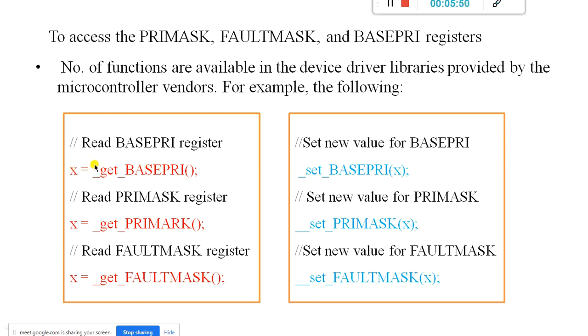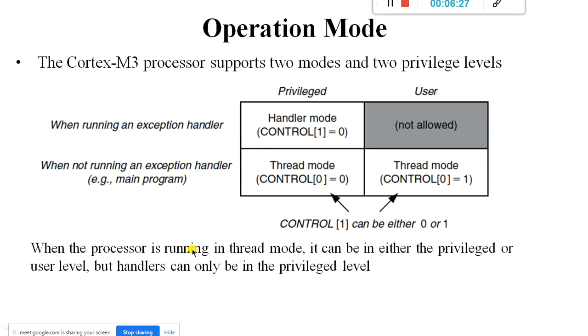Now if I want to set a new value to this particular register, then I use __set_BASEPRI(), and I pass the data, whatever value I want to feed to that register. So these are nothing but predefined functions that I will be calling, and the particular instructions are going to be executed. The same thing applies for the FAULTMASK and PRIMASK registers to get the value from these different interrupt registers.